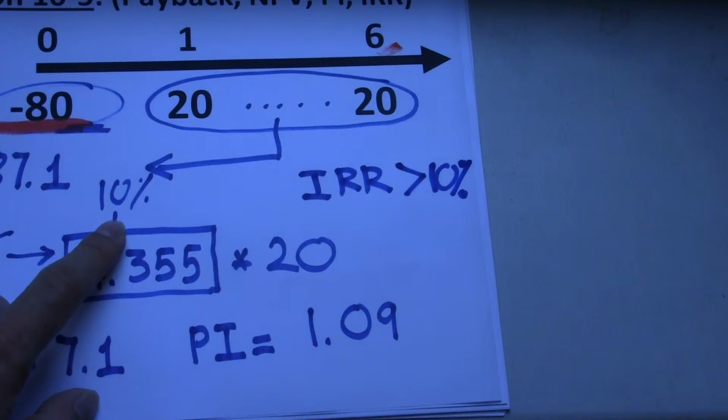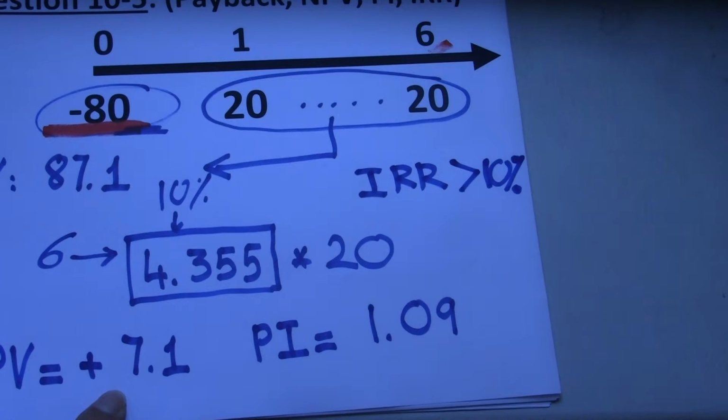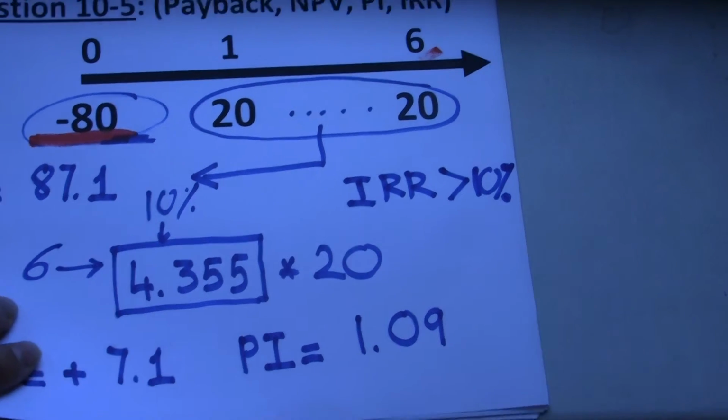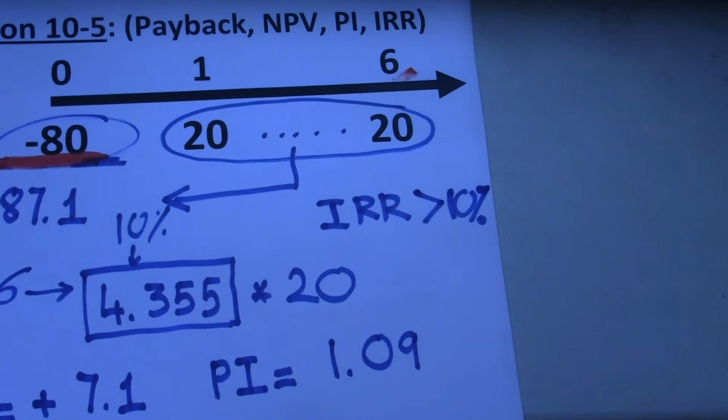Because at the required rate of return of 10%, this project is acceptable, right? NPV is positive and PI is more than 1, so it is acceptable, and therefore the IRR of this project must be greater than 10%.